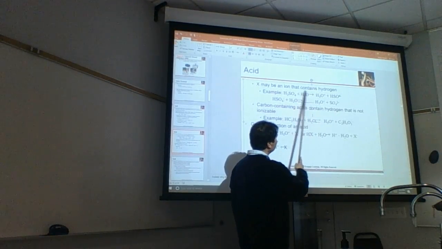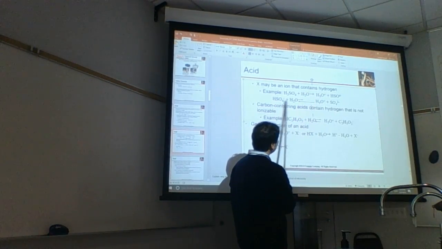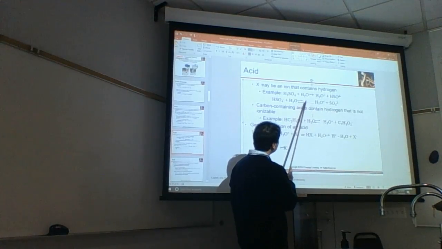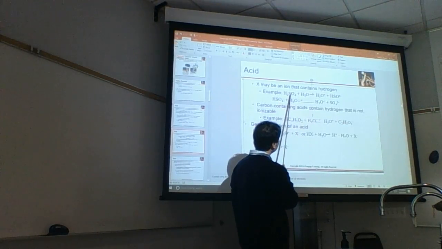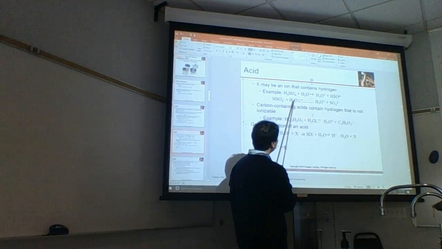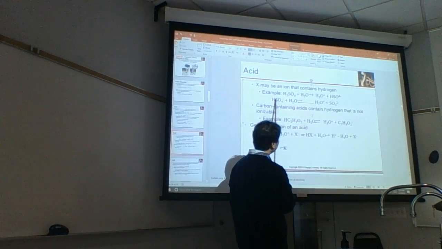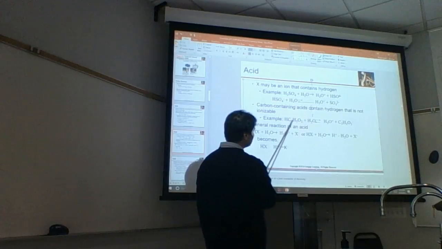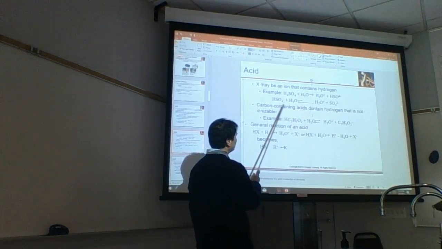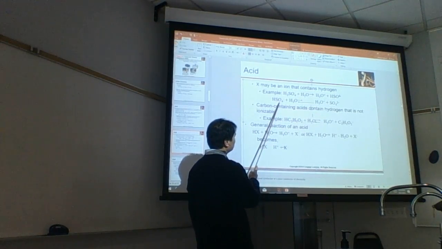This is one way of drawing it to show that this is a weak acid. So water is going to have a lot harder time pulling the proton off. Water has an easy time pulling the proton off with a strong acid. Water has a tough time here. But this is one of the stronger weak acids. This is a much weaker acid here. Acetic acid is way weaker than HSO4 minus.